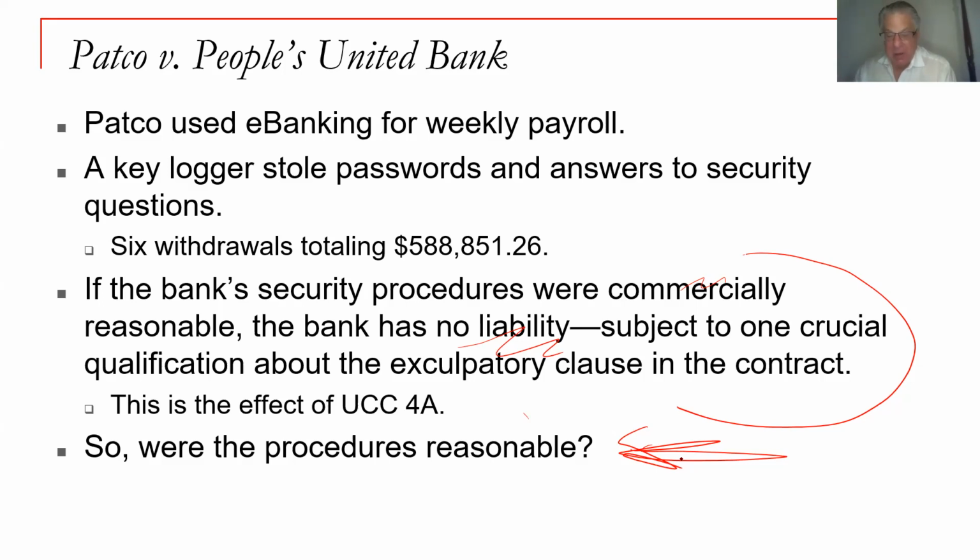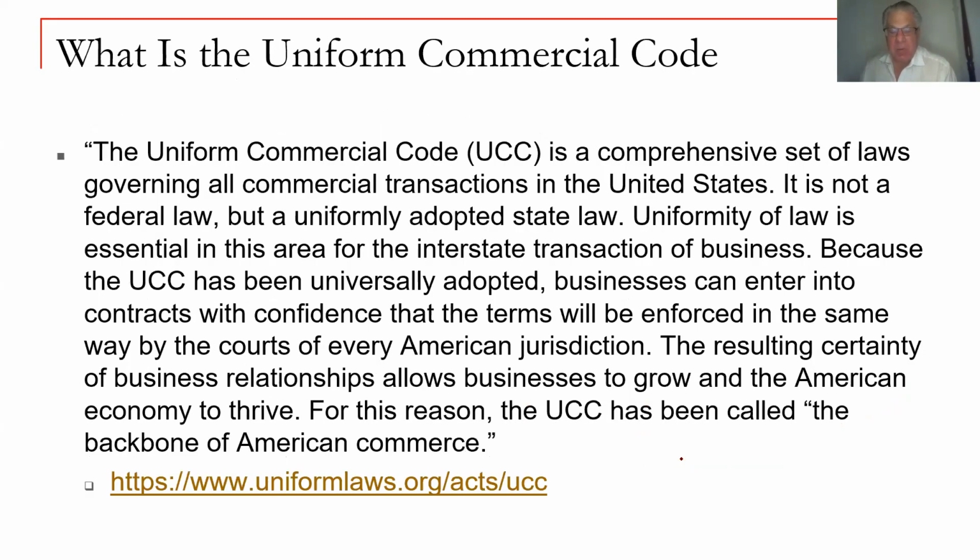Just for background, let's make sure we know what the Uniform Commercial Code is. I put in the slides the explanation from the people that write and maintain the Uniform Commercial Code, the Uniform Laws Commission, and you can read their explanation at your leisure. I'll just tell you the idea. In the United States, we have 50 states, and commercial law, especially contract law, goes state by state.